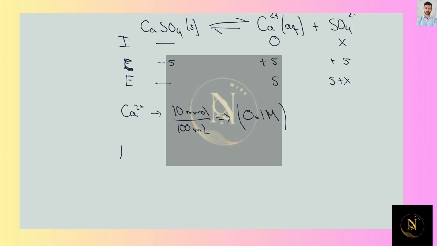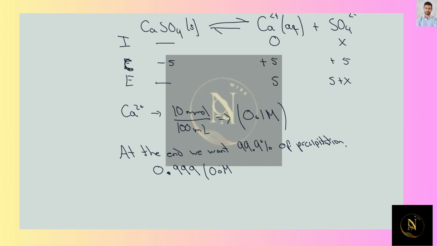So we want at the end 99.9% of precipitation. Thus, out of all of this amount, we want 0.999 times that concentration to precipitate.